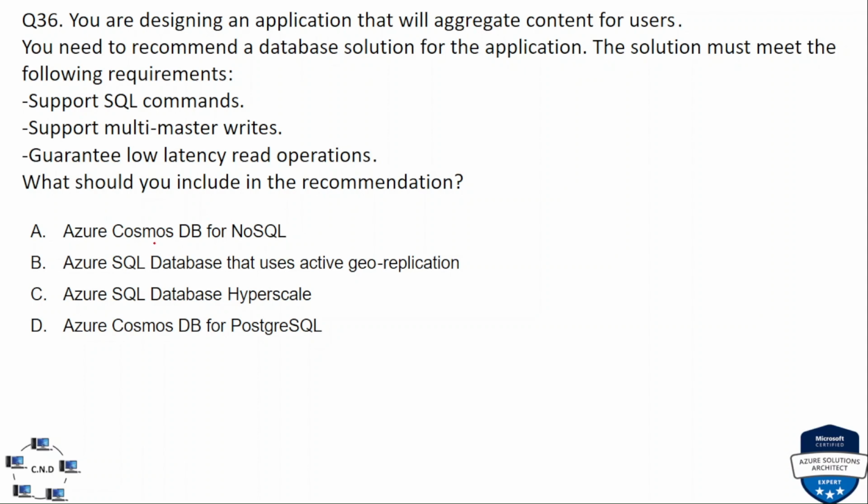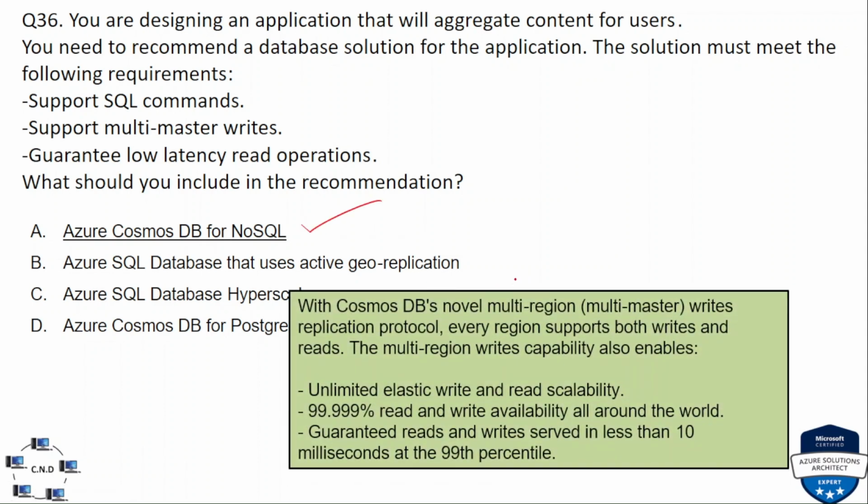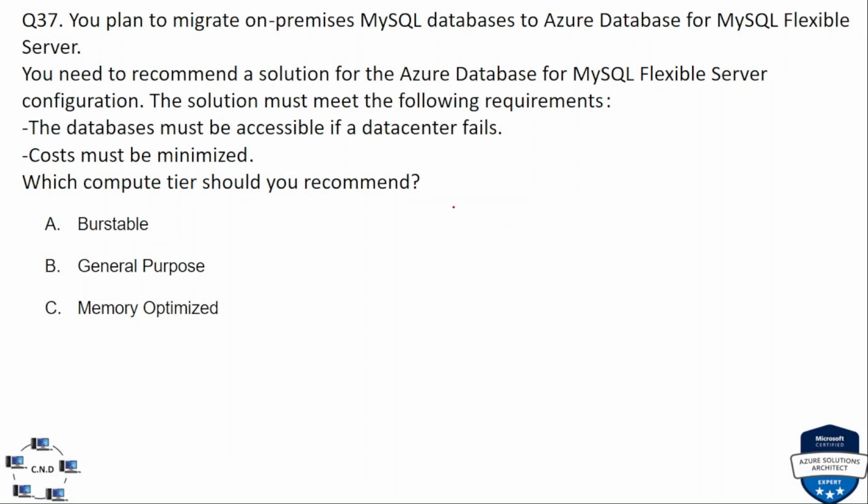The options are A, Azure Cosmos DB for NoSQL, B, Azure SQL Database that uses active geo-replication, C, Azure SQL Database Hyperscale, and D, Azure Cosmos DB for PostgreSQL. And the correct option is Azure Cosmos DB for NoSQL. And again, this is the explanation for the correct option.